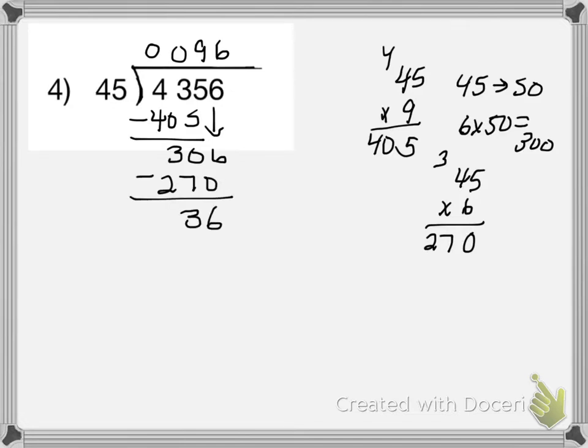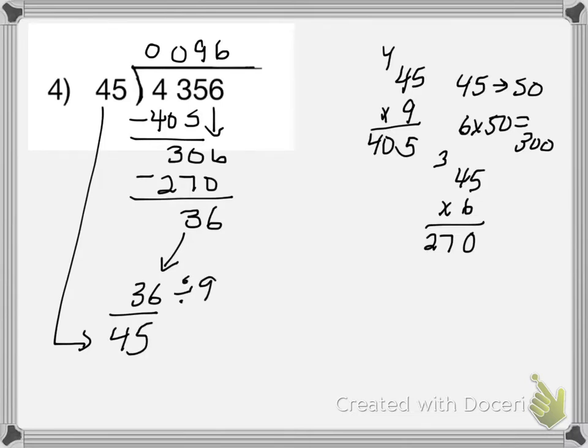And our difference is 36. So again, our remainder becomes the numerator, and the divisor is our denominator. Both of these numbers are divisible by 9. So let's divide both by 9, and we end up with 4/5. So our quotient is 96 and 4/5.